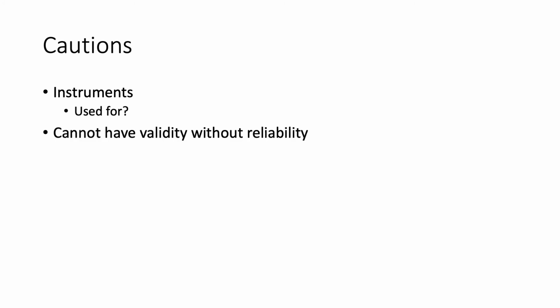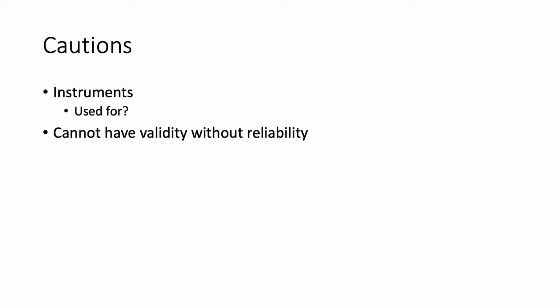Now let me give you some cautions about these two words. First of all, they both relate to the instruments being used to measure something. And it's their use that you want to look at. Is it a valid use? Is it reliable and consistent?